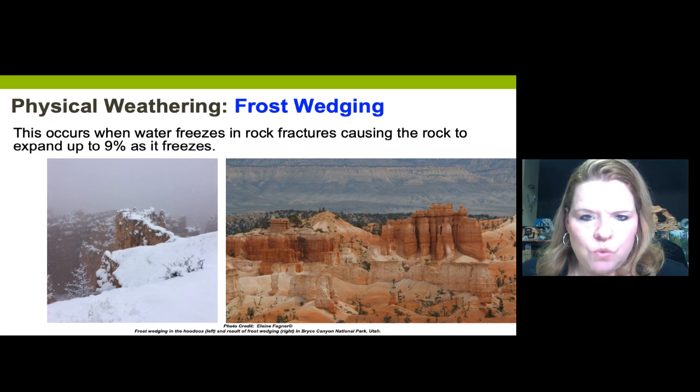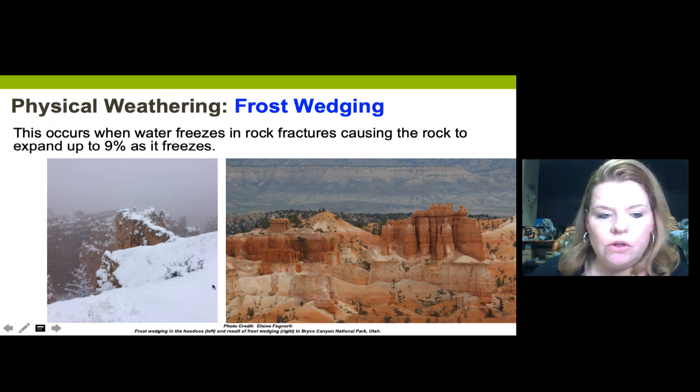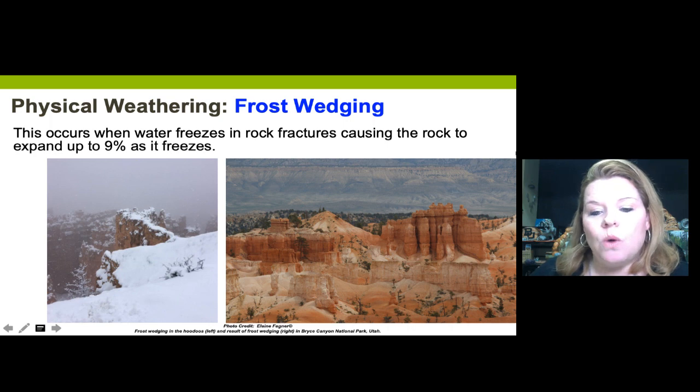So frost wedging is a very common way that we get physical and mechanical weathering. I showed you this earlier from Bryce Canyon National Park, and this is what it looks like when it's not snowing. But as the water gets in between the joints and fractures of all of these hoodoos and rock formations, it expands.